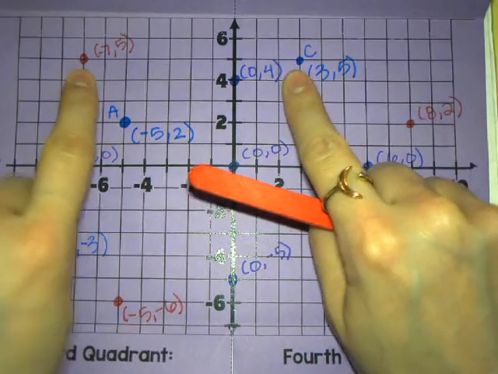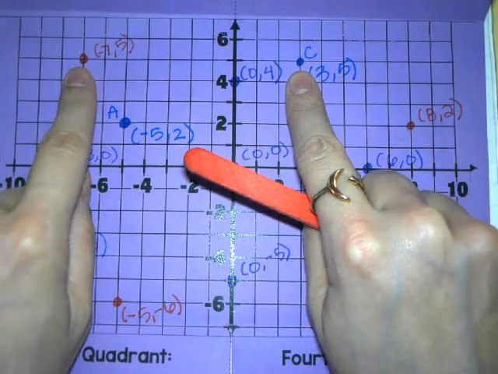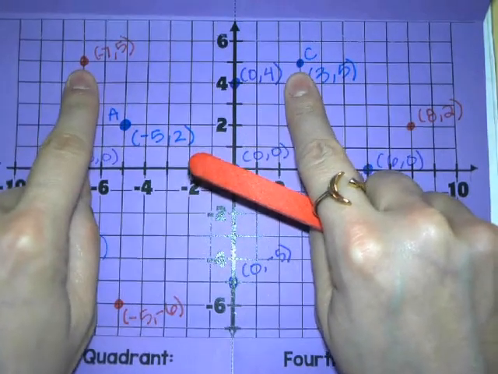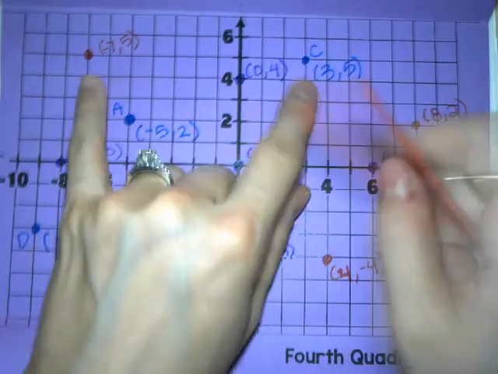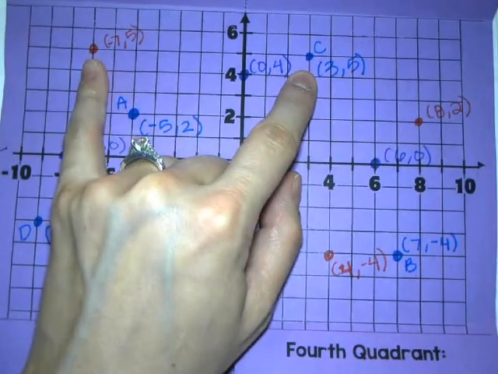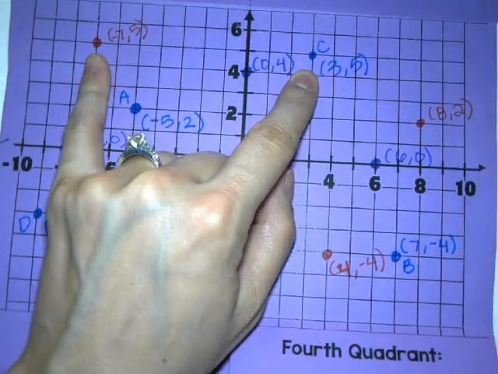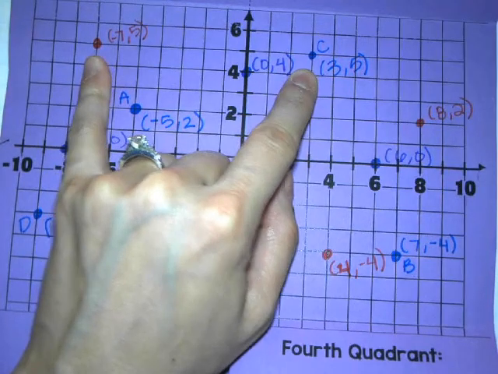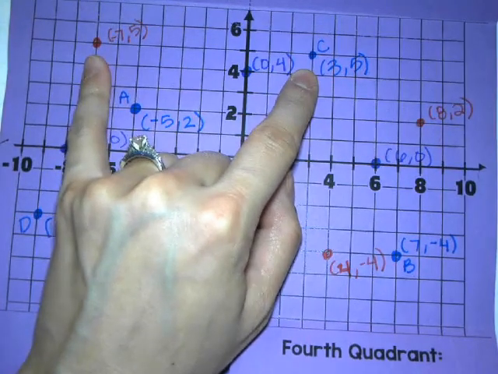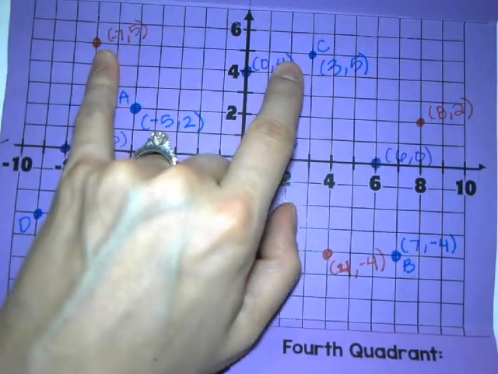These two. 10. Do we agree? I haven't counted. Yes, 10. Good job.